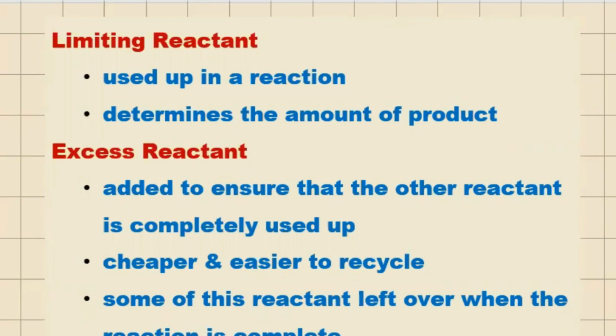Excess reactant is added to ensure that the other reactant is completely used up, and it is cheaper and easier to recycle. Some of these reactants are converted into products. Some of these reactants are left over when the reaction is completed.